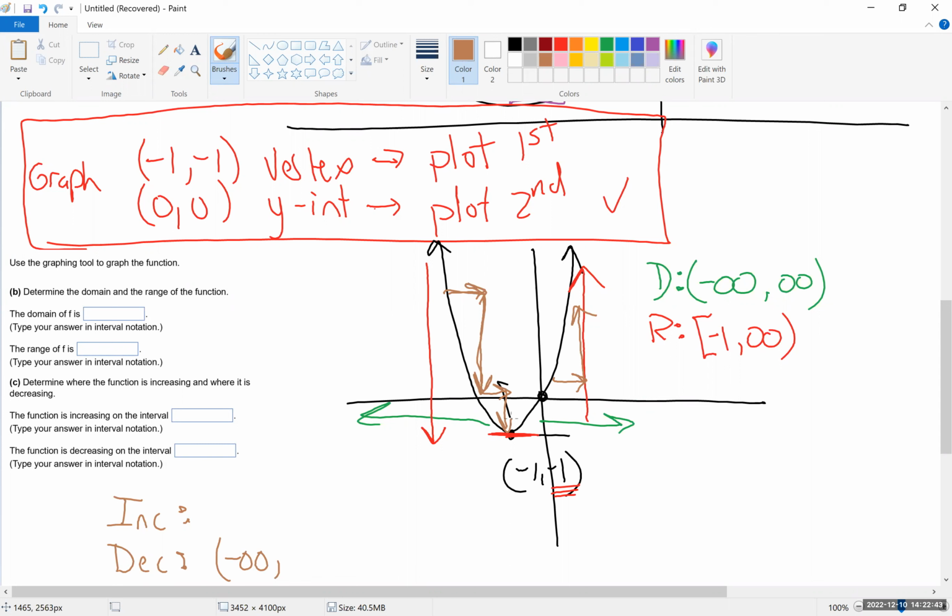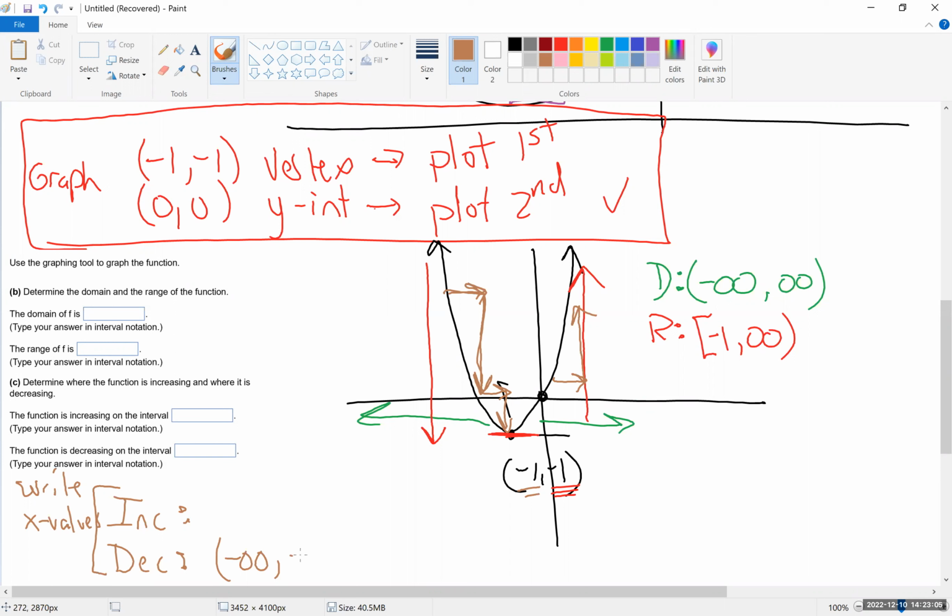This one's not the best example possibly, but what we're always going to do with increasing and decreasing is only write X values. When you describe increasing and decreasing, you only use X values, and you always use parentheses.